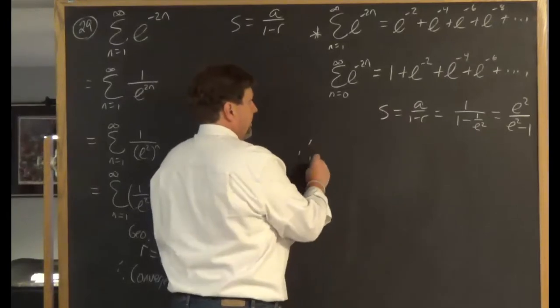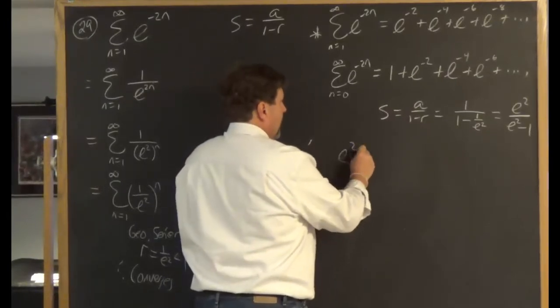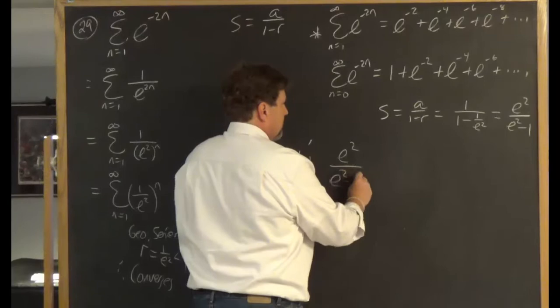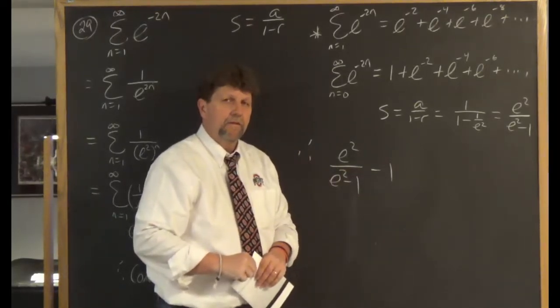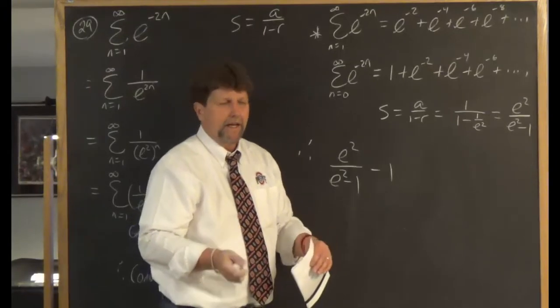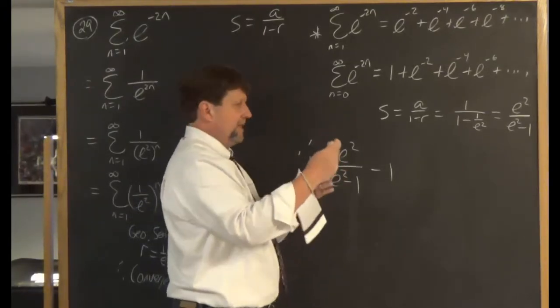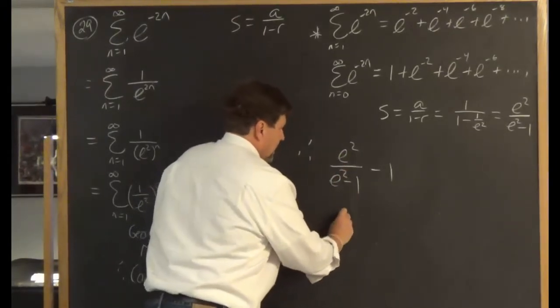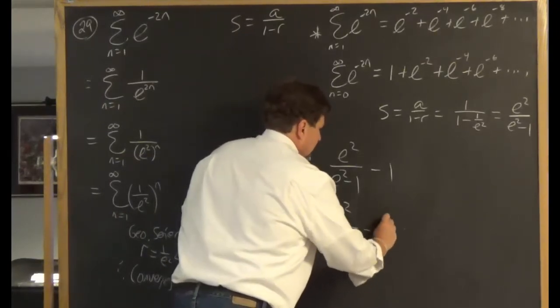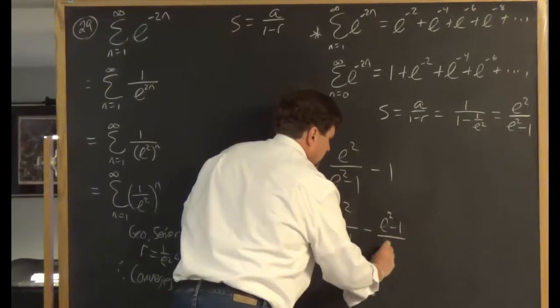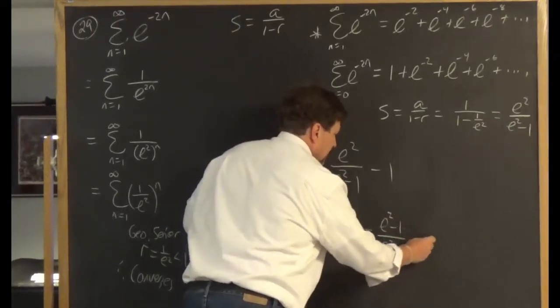So we take the e squared over e squared minus 1, subtract 1. We might as well get a common denominator and get one nice little happy looking fraction. So we have e squared over e squared minus 1 minus e squared minus 1 over e squared minus 1.